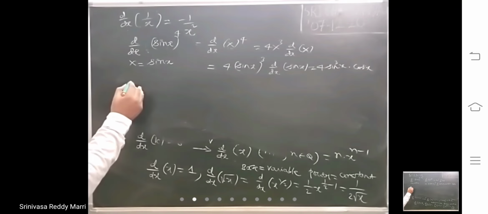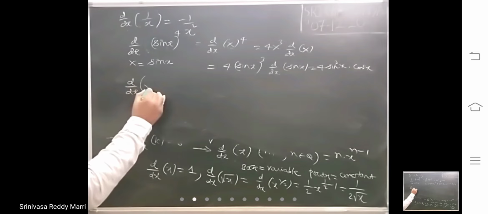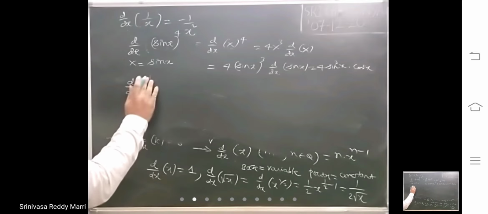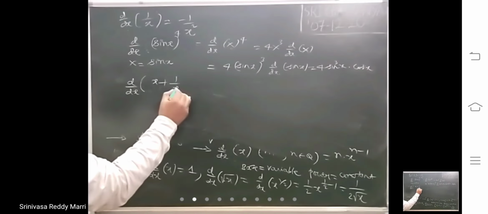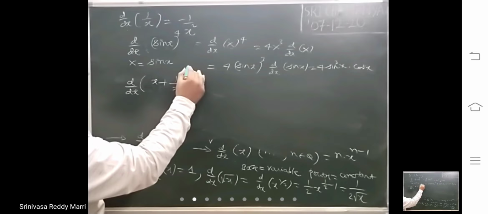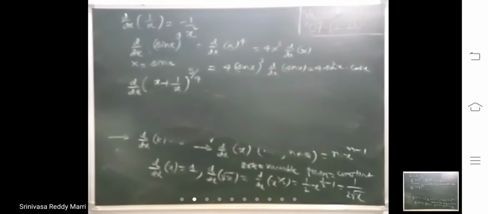Suppose, look at d by dx of x plus 1 by x whole power 5 by 4. Let us say this whole power 5 by 4.